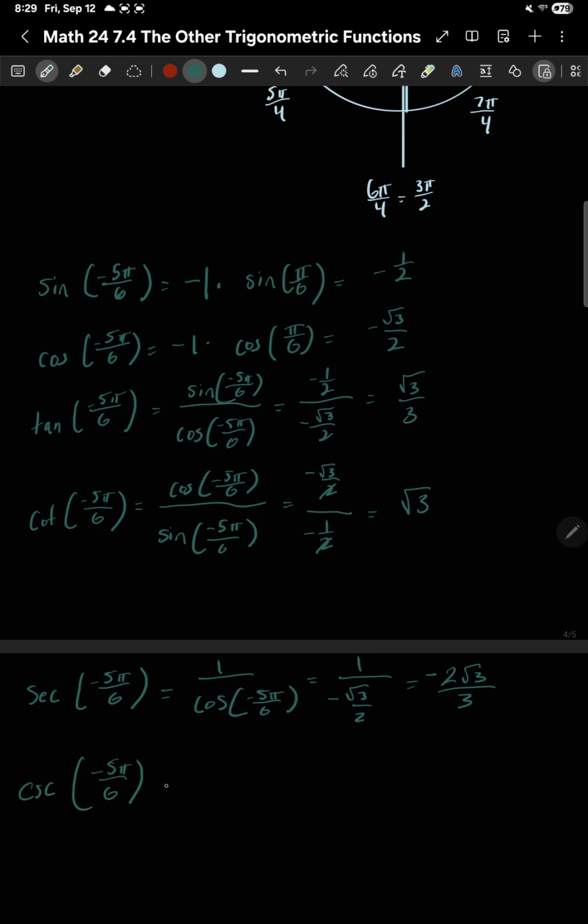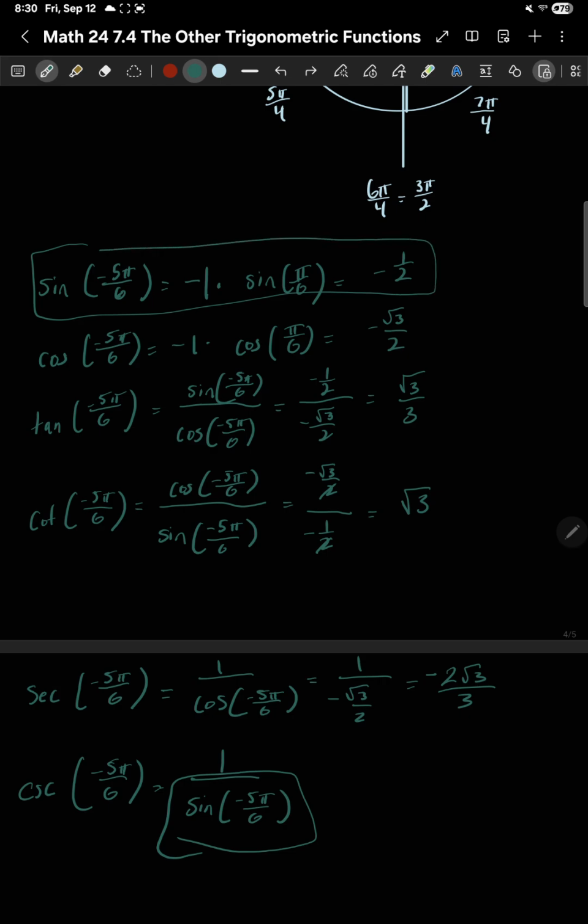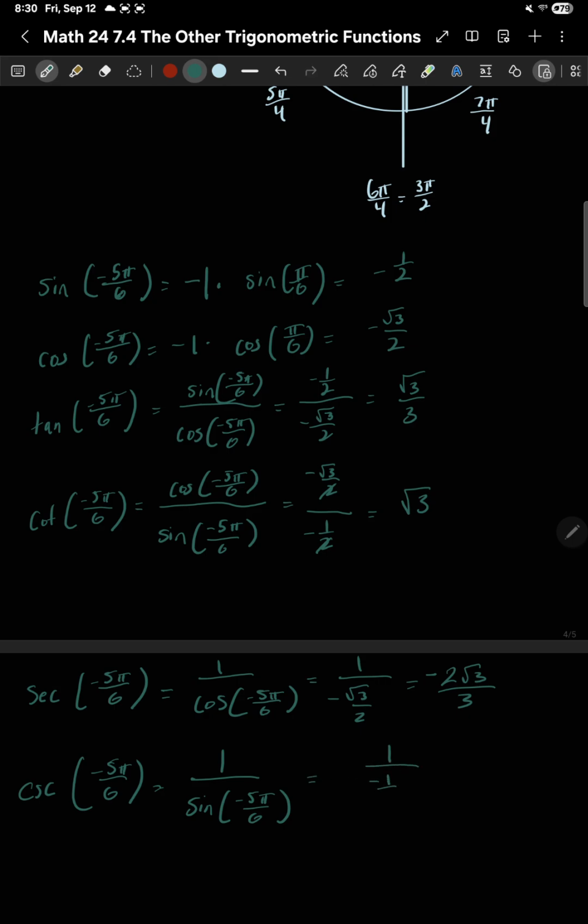And so cosecant of negative 5 pi over 6 is just 1 over sine of negative 5 pi over 6. But remember this value here, the bottom, we have it. We've already done the work there. We know that sine of negative 5 pi over 6 is equal to negative 1/2. And so we can just plug in negative 1/2 down here. And so that's going to be 1 divided by negative 1/2.